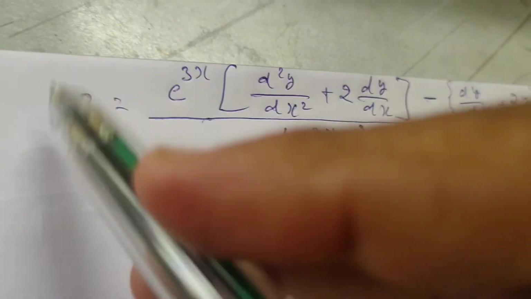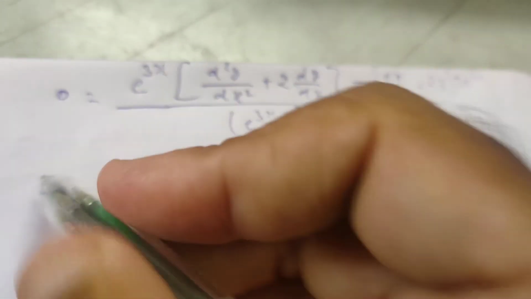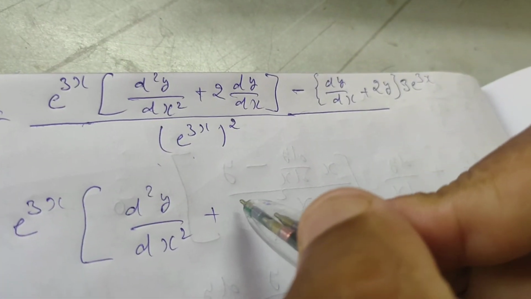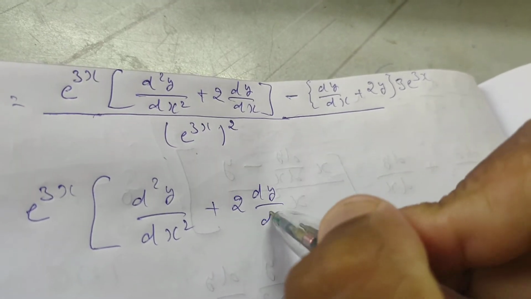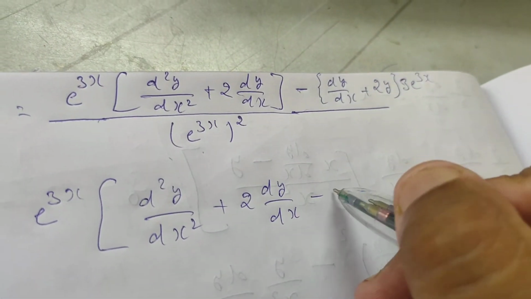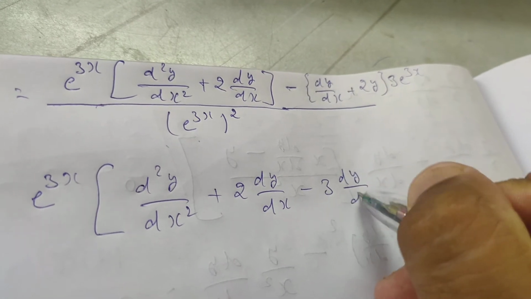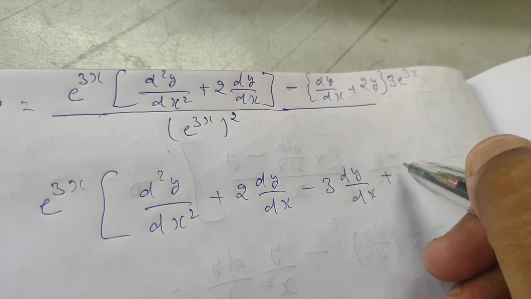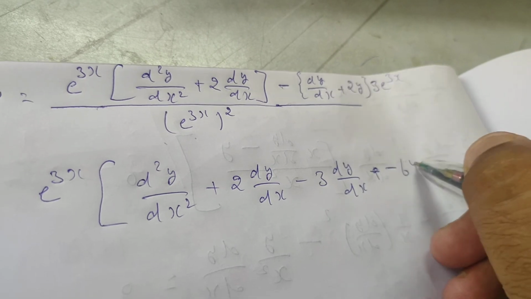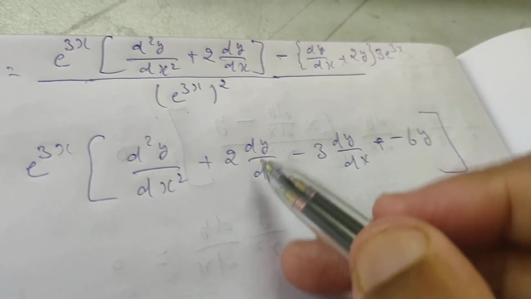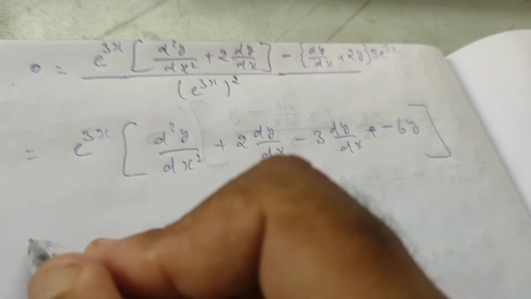Now you know very well this will come to this side and will become 0. Our answer will be, e raised to the power 3x is common from all the sides. What will you get? That is d square y by dx square plus 2 dy by dx minus 3 dy by dx minus 6y. 2 dy by dx minus 3 dy by dx.